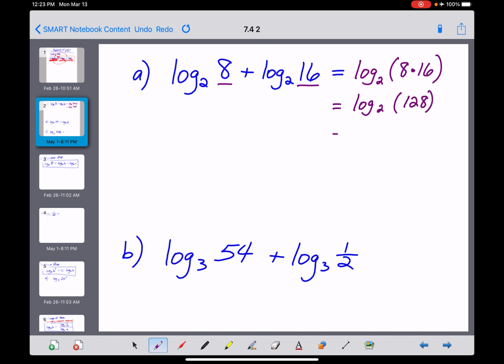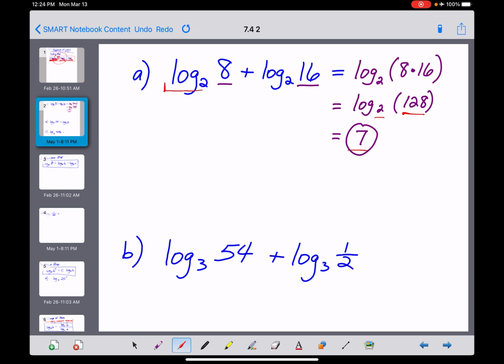Now, take a look at the question we're being asked. Log base 2 of 128 means 2 raised to what power is equal to 128? And the answer to that is 7. So that's the answer that we came up with. As I said, I wanted to start you off with a relatively easy problem just to show you that this property works.